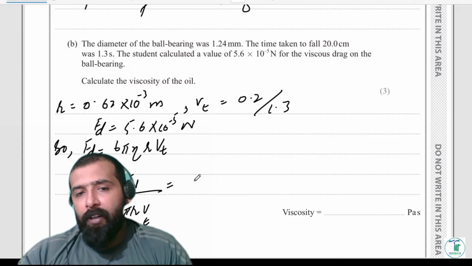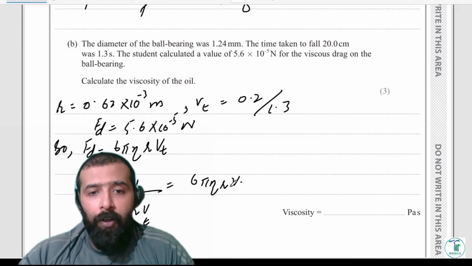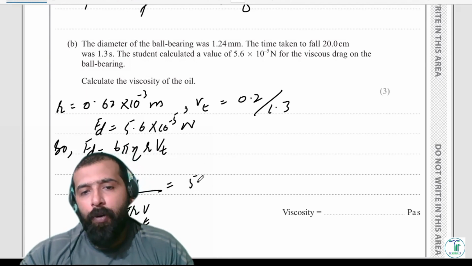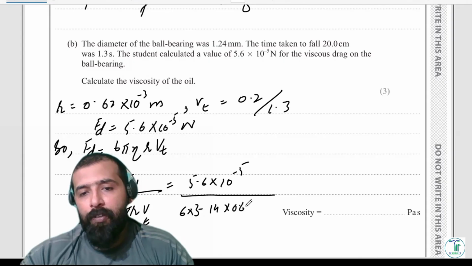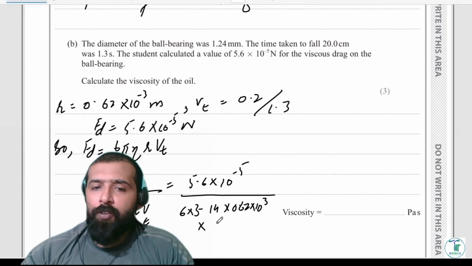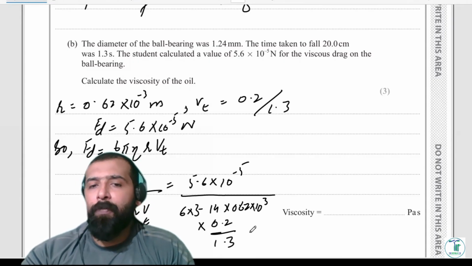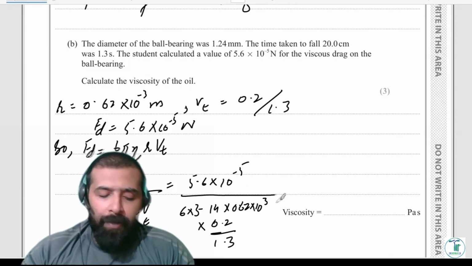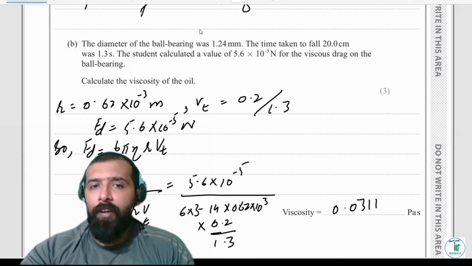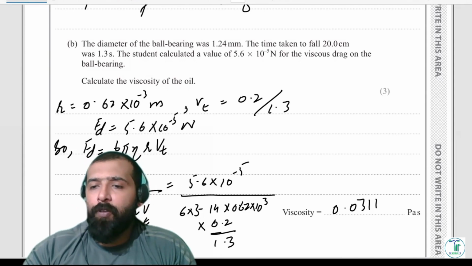You've got the drag force already, the viscous drag, which is 5.6 times 10 raised to the power of -5, divided by 6 times 3.14 times the radius, 0.62 times 10 raised to the power of -3, times the velocity, which is 0.2 divided by 1.3. So you just need to divide them up, and you'll get the viscosity, which should be 0.0311 pascal seconds. That is how you look for the viscosity.